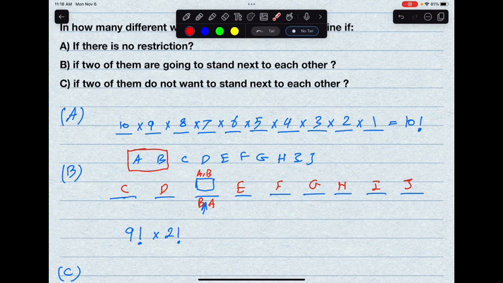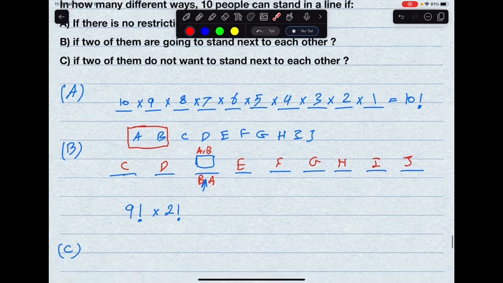We just say A and B do not want to stand next to each other, so maybe A can be here, then B can't be here, so I just count the other numbers. What happens if B is here? So it takes time, and there are too many computations here, but the easy way is to use the complement formula.